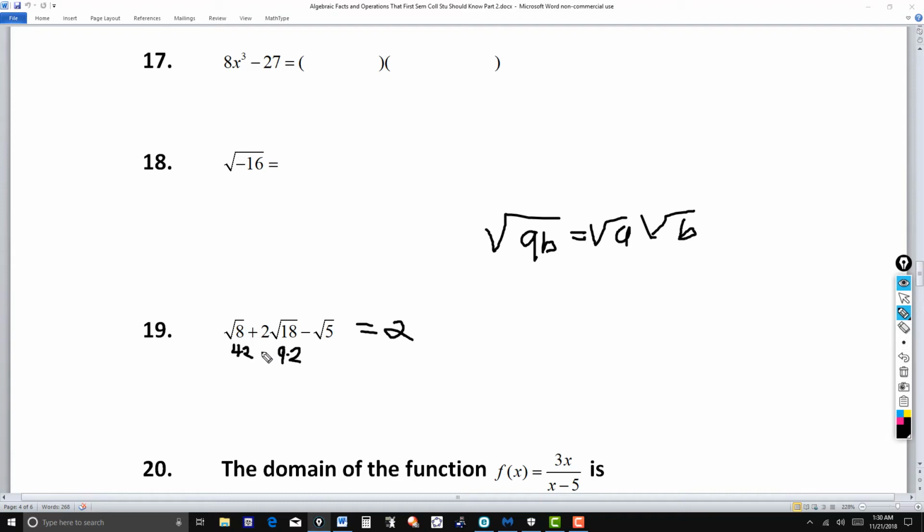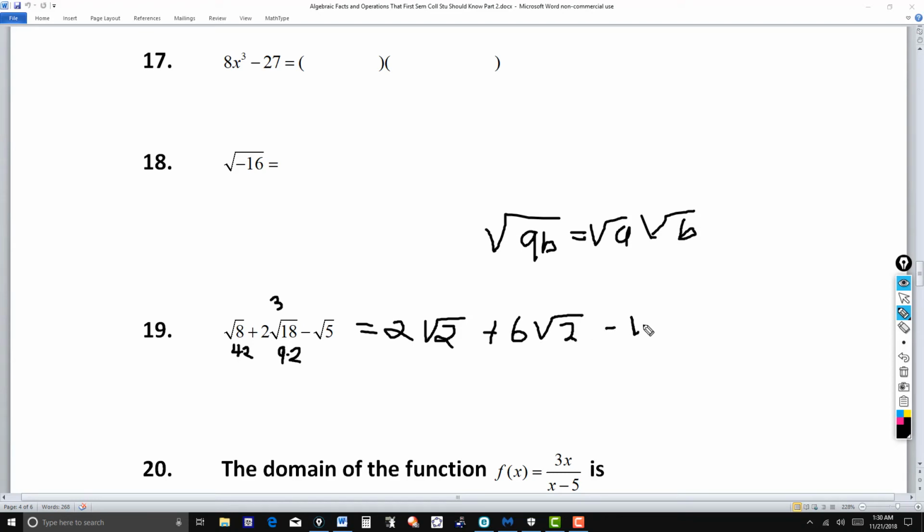But we're going to leave these in exact form, okay, instead of computing the approximation. And on the next one, the square root of 9 is 3. So that would come outside the radical. And multiply this 2. 3 times 2 is 6. Okay, and then times the square root of 2, and again I leave that as the square root of 2. Square root of 5, I can't do anything with that, so I just leave it the square root of 5.